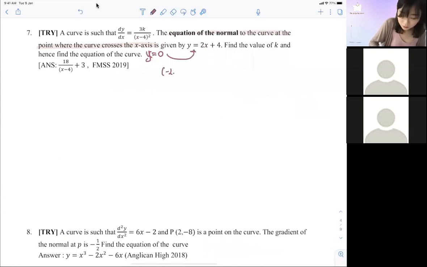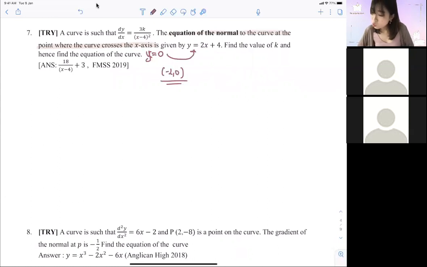Okay, so the point is... If I give you the gradient of the normal, you must find the gradient of the tangent, right?